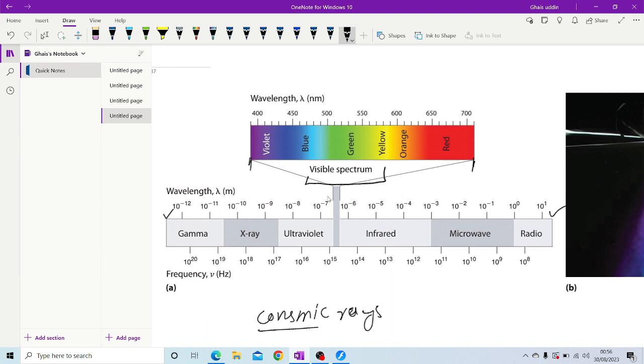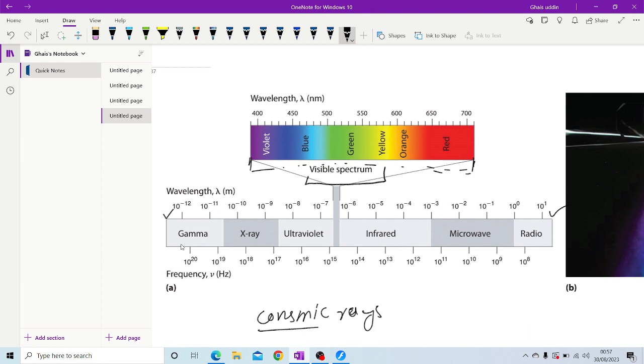Our eyes are restricted to seeing only this part of the electromagnetic spectrum, from violet to red, and we cannot see anything beyond or below this for any wavelength or frequency.